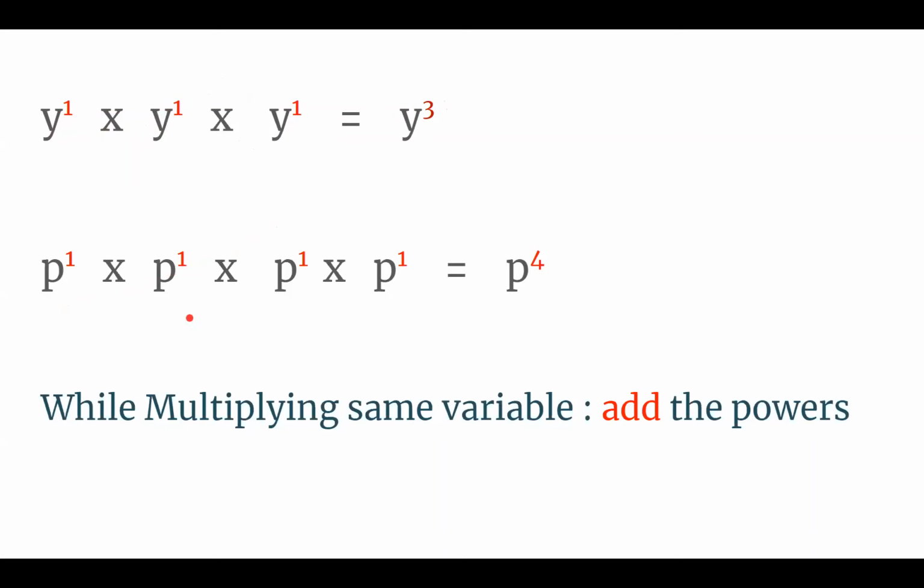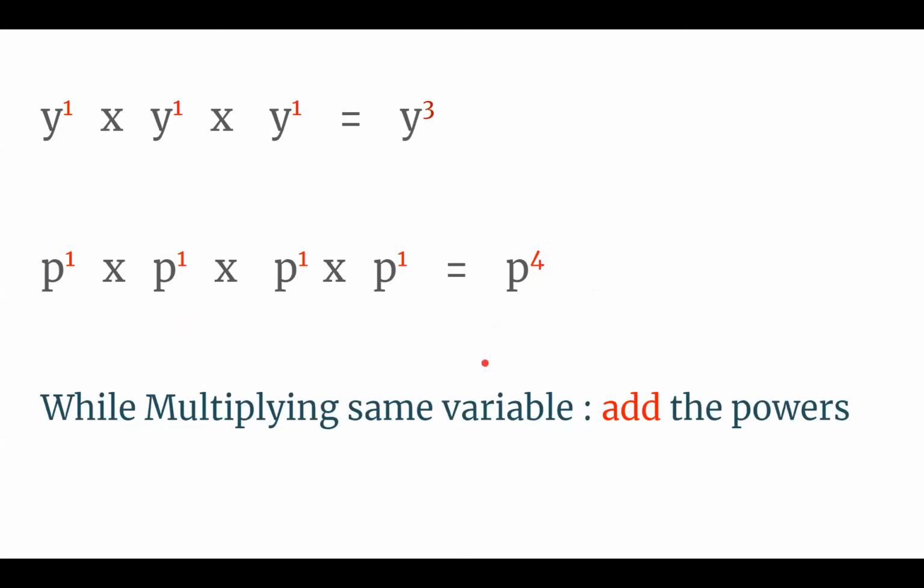Another example will make things a little clear. If I'm multiplying a p 4 times, I know I'm multiplying the same variable 4 times, but when I multiplied the p each time, the power was just a 1. So I just club all those powers by adding, and I say my answer will be p to the power of 4.